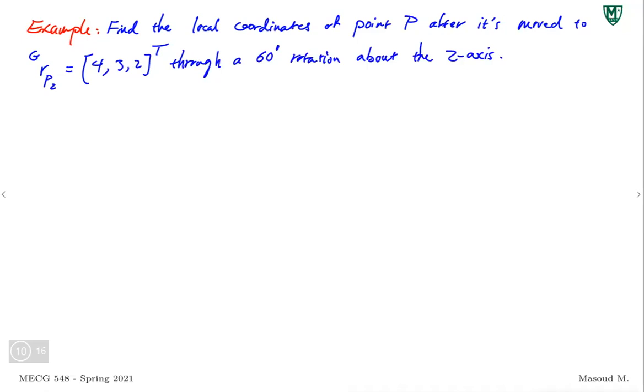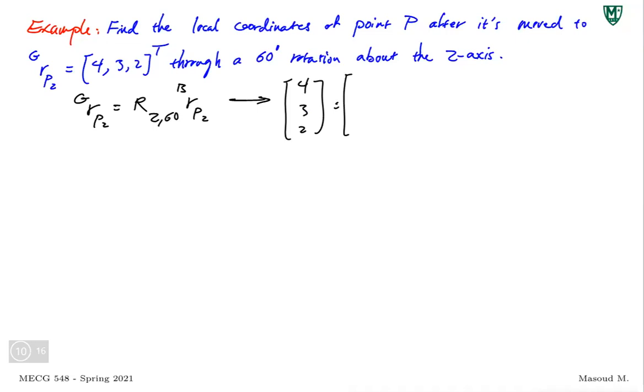So pretty much you can think about it as R_G of P2 is equal to the rotation matrix, in this case rotation about Z for 60 degrees, times R P2 in the body frame, the local coordinate frame. Plugging in the values, you have 4, 3, 2 multiplied by the rotation about the z-axis 60 degrees.